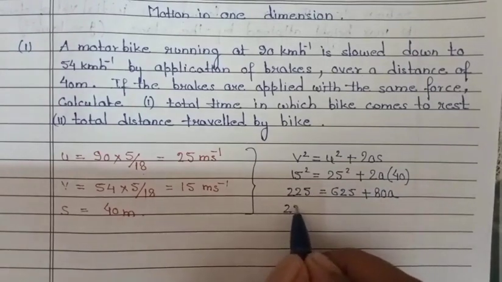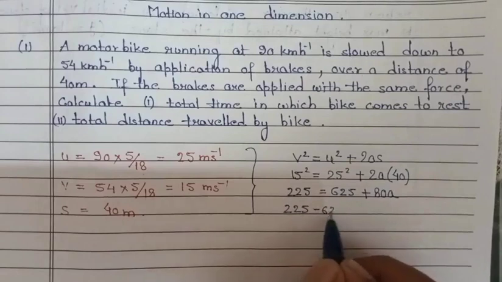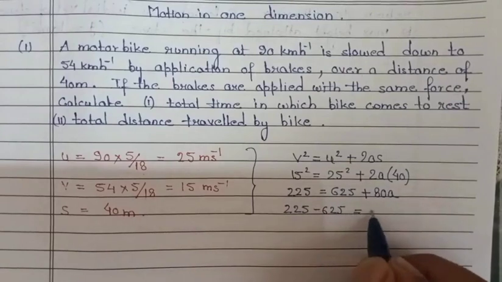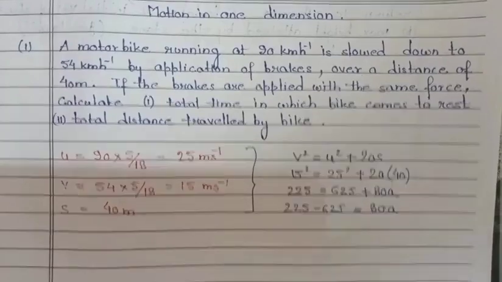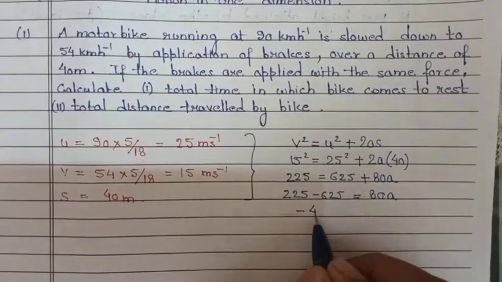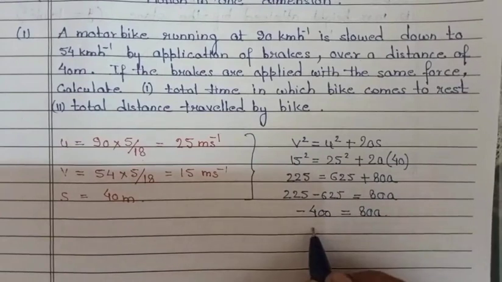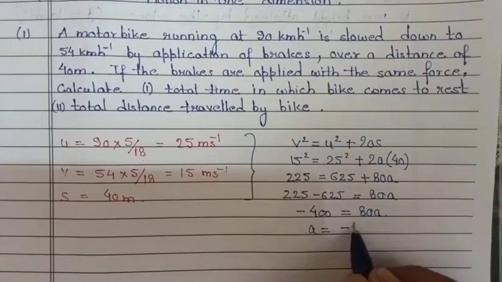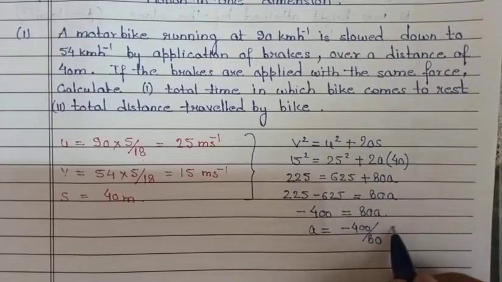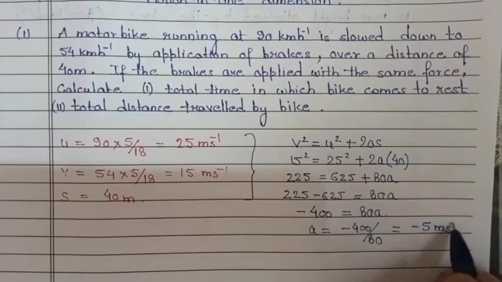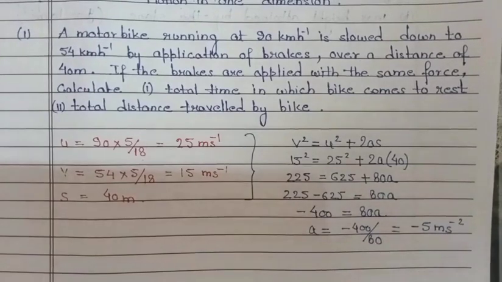So this will become 225 minus 625 is equal to 80a. So this will give you minus 400 is equal to 80a. So a will be equal to minus 400 upon 80. Acceleration is negative, so you can say that there was a retardation.